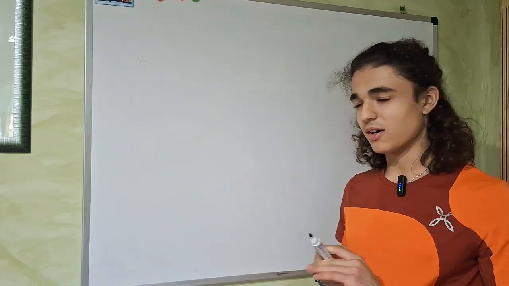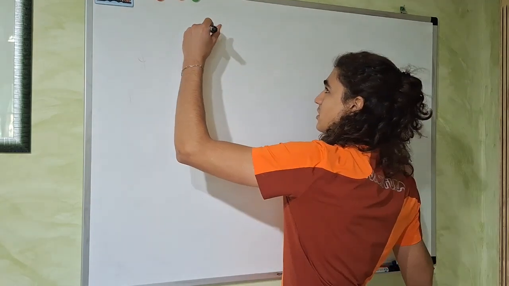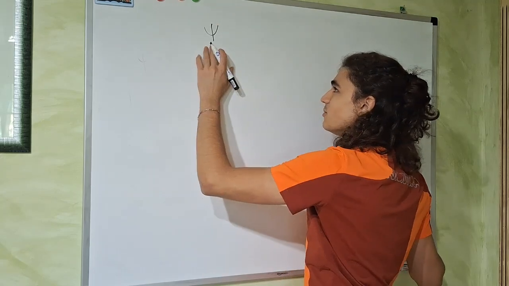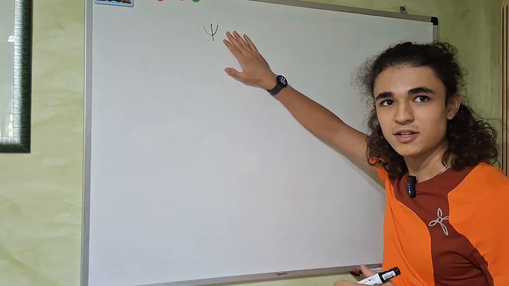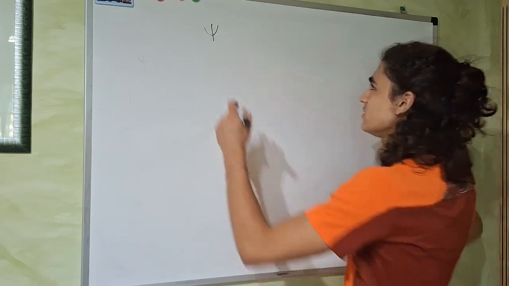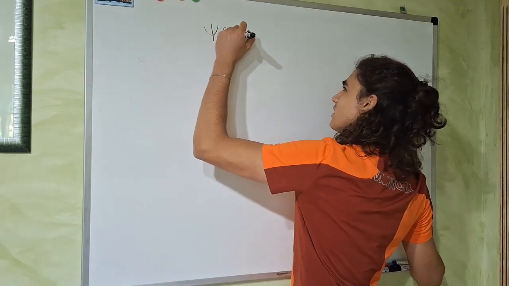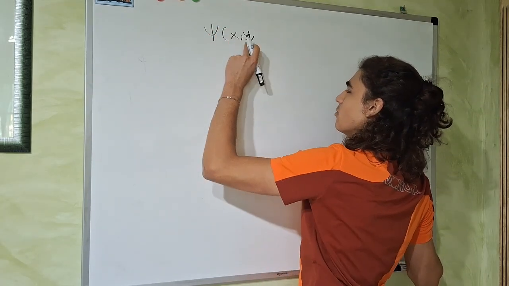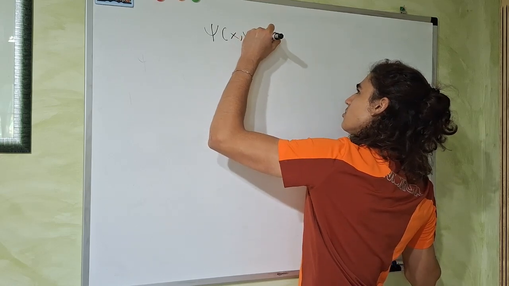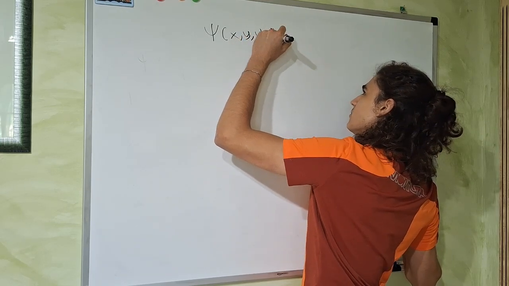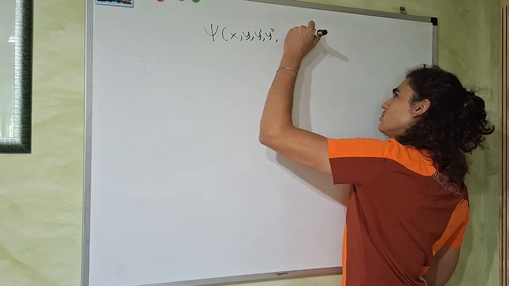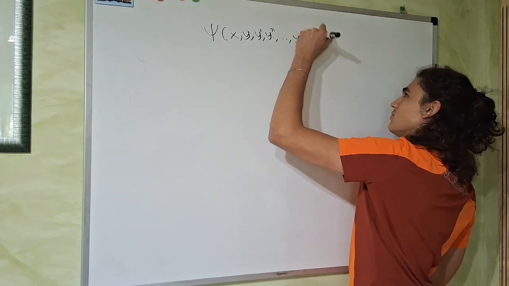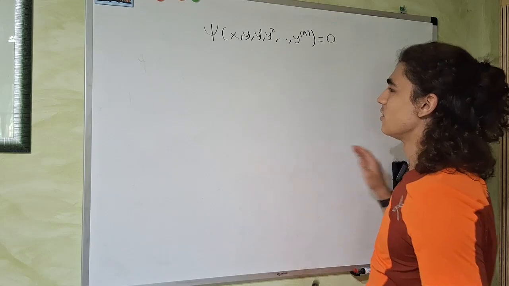So let me start by telling you what the most general form of a differential equation is. Let me call it psi. I'll explain later what psi means. It's psi of x, y, where y is a function of x, y prime, and all the other derivative terms, all the way up to the nth derivative of the function, equals 0.